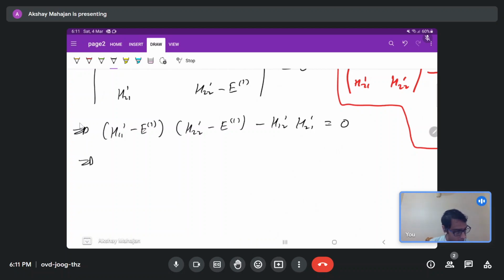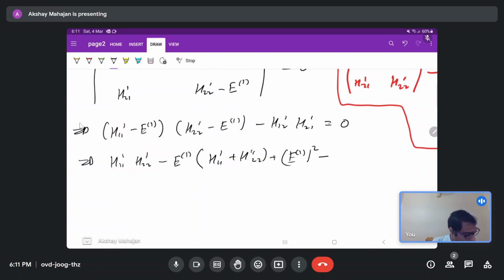And then if you just multiply them, there will be h11 prime h22 prime, and E1 will have h11 prime plus h22 prime, plus E1 square, minus h12 prime h21 prime.